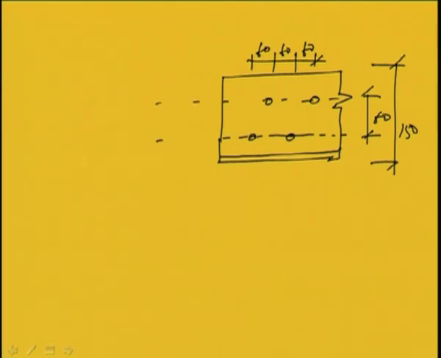Now if I see from the elevation, this will be like this. This is the gusset plate.